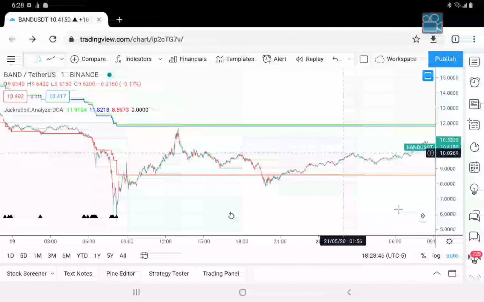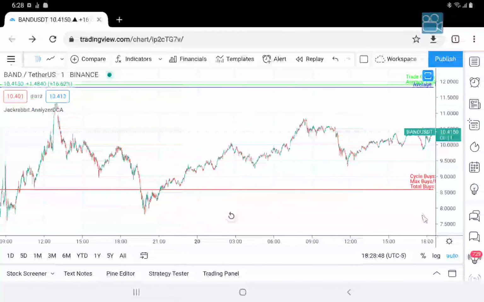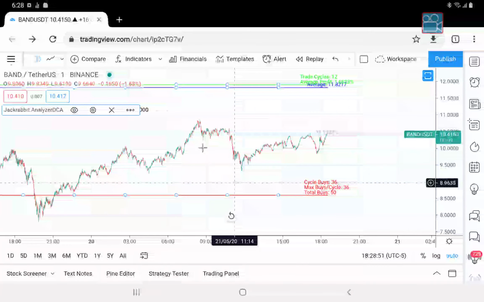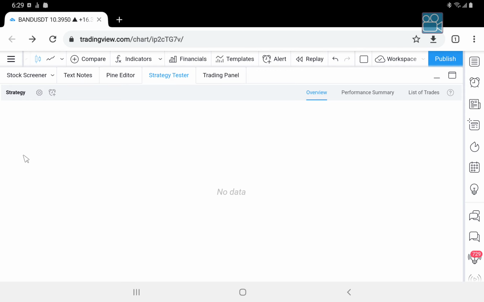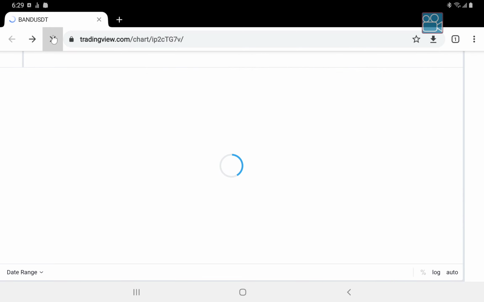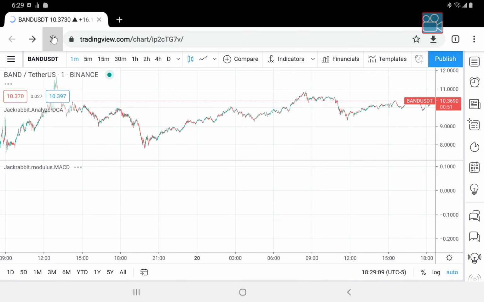I might have overloaded the system. So let's save it. Okay, so as you can see, I scrambled it, so let's try to reload it. See if I can get a fresh calculation.